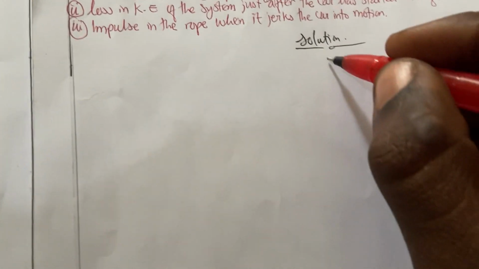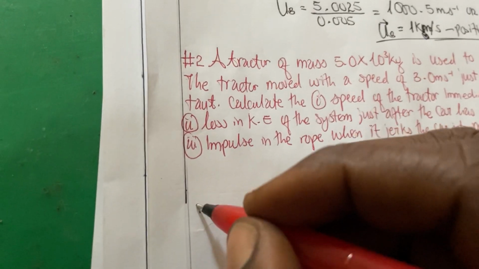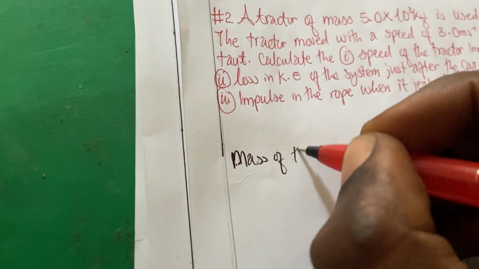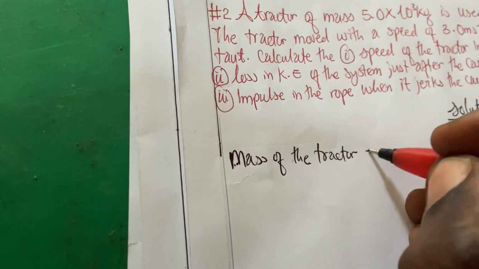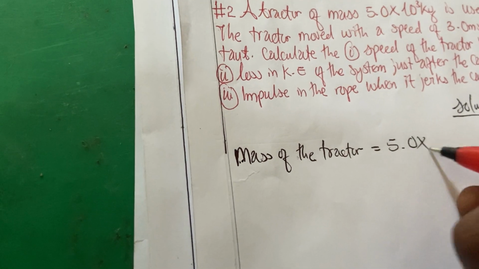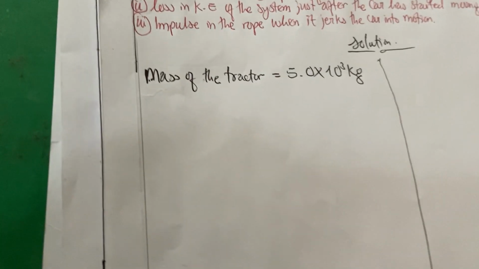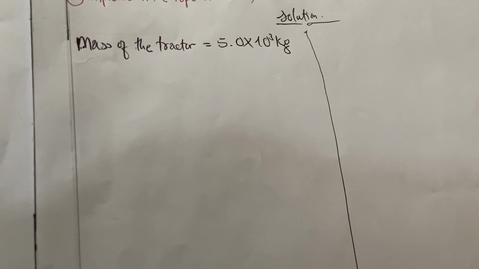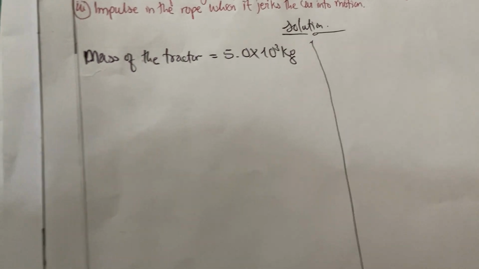So let me write: the mass of the tractor equals 5.0 times 10 raised to power 3 kilogram, is used to tow a car of mass 2.5 times 10 raised to power 3 kilogram.